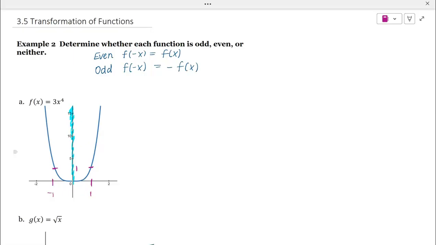Let's show that mathematically. Let's look at f of -x. So instead of x, I'm going to put a -x in its place and raise it to the 4th power. Well, when I raise x to the 4th power, that'll be x to the 4th, but I've also got 4 negative signs.